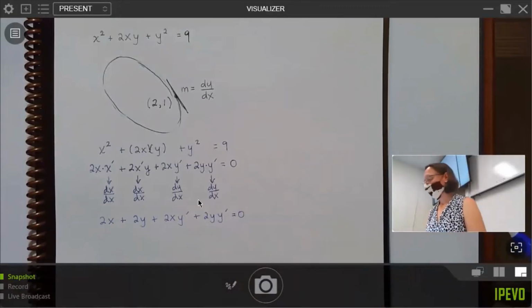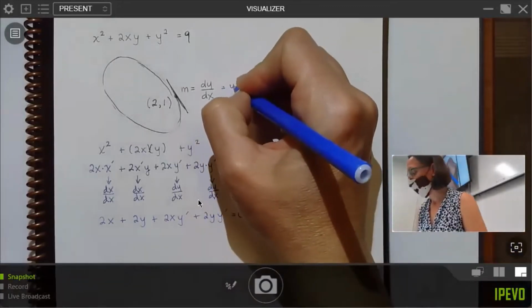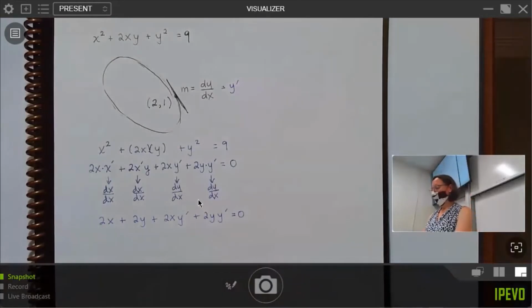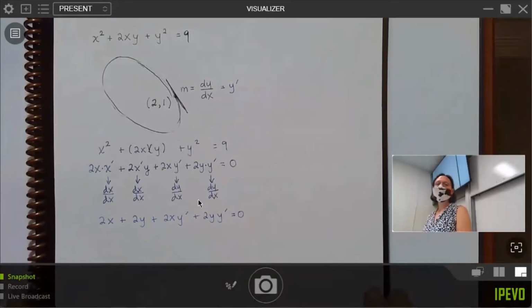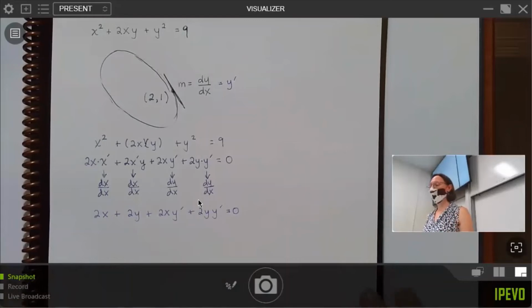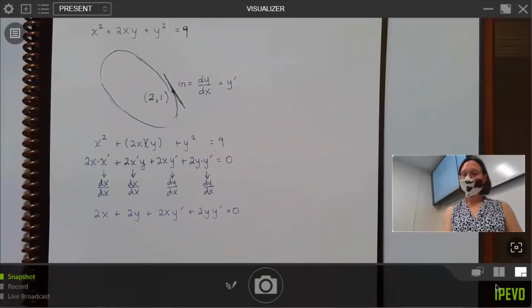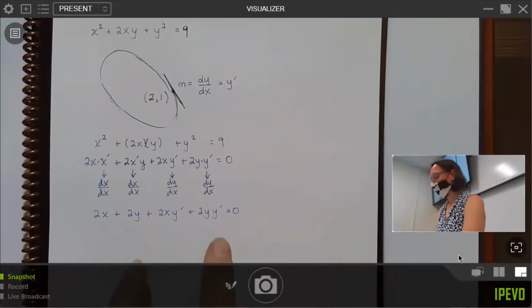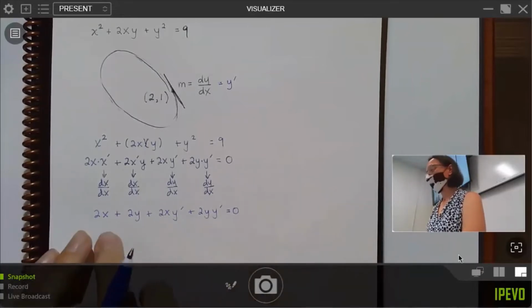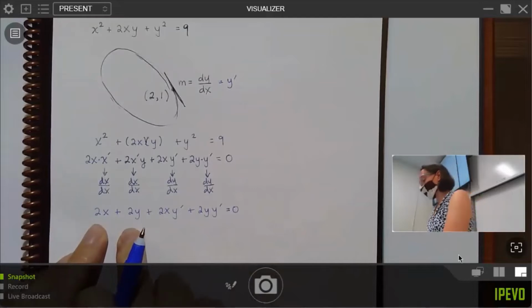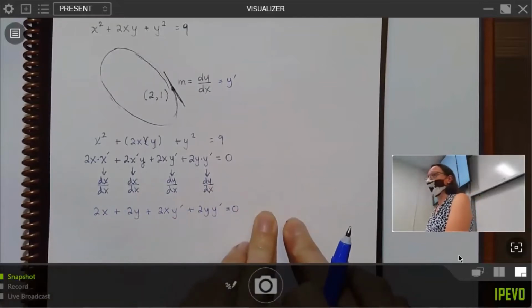Now to get my slope, I'm looking for that y prime term. We actually have a choice to make right now. We could just plug the point in first and then rearrange for y prime, but there are going to be some problems where we have to get the y prime by itself before plugging numbers in, so we might as well get the practice with that now. To solve for y prime, I want the two pieces that have y primes on one side, and the two pieces without y primes shoved to the other side of the equation.